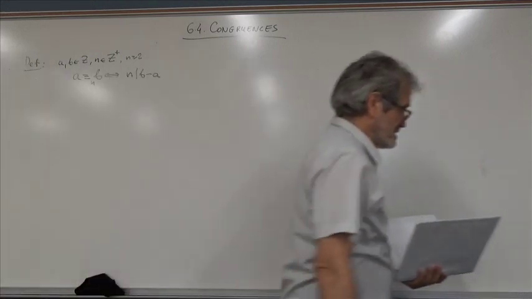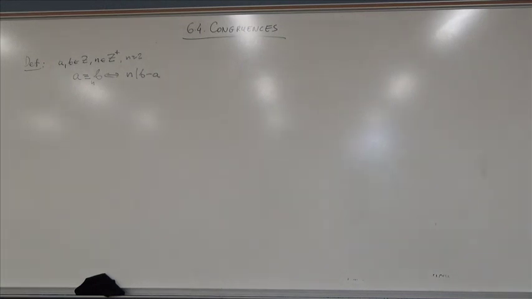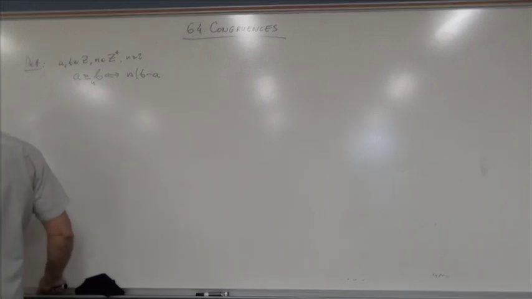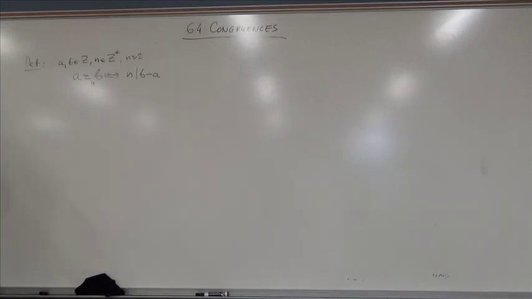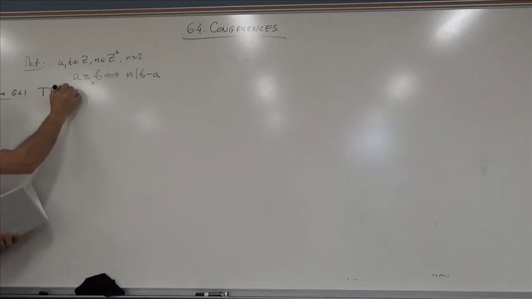Since I have problems with my markers, let me bring that here. So, here are the properties. First theorem. We have lots of theorems today. 6.4.1. And it says the following. The following are equivalent. This is a standard acronym we use in mathematics.